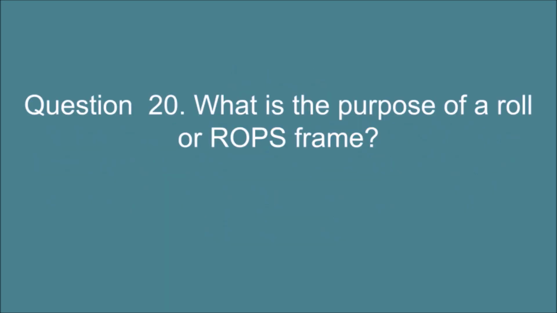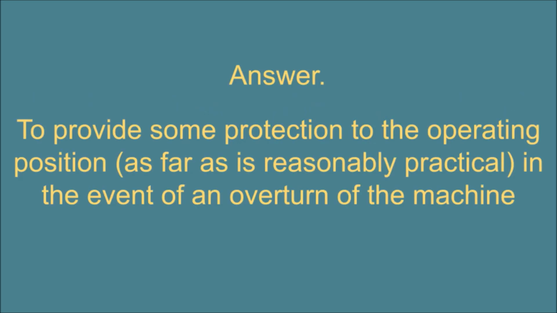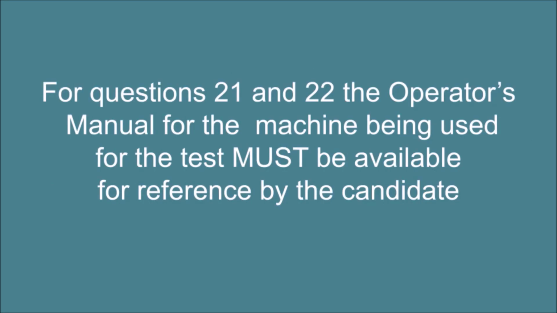Question 20. What is the purpose of a roll or ROPS frame? Answer. To provide some protection to the operating position, as far as is reasonably practical, in the event of an overturn of the machine. For questions 21 and 22, the operator's manual for the machine being used for the test must be available for reference by the candidate.